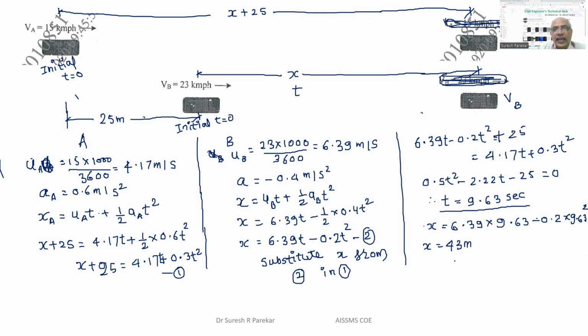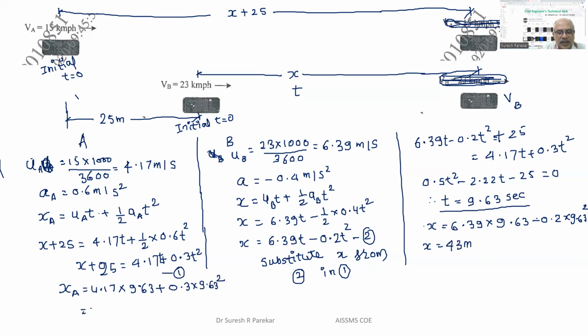So A overtakes B after 43 meters from B's position, or we can find x plus 25, the x_A value, which is equal to 4.17 into 9.63 plus 0.3 into 9.63 square.